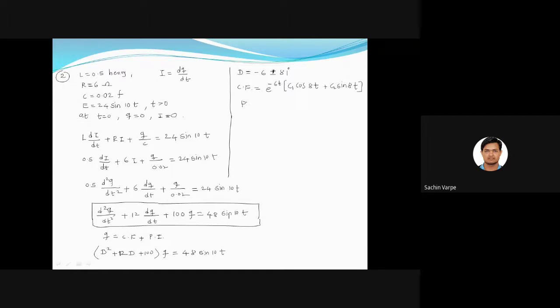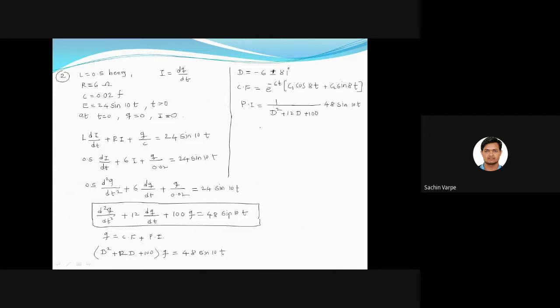And the particular integral is 1 upon (D square plus 12D plus 100) operated on the right hand side function, that is 48 sine of 10t.